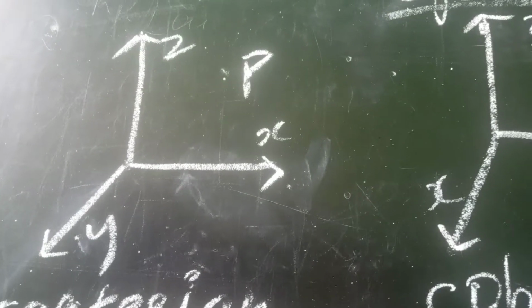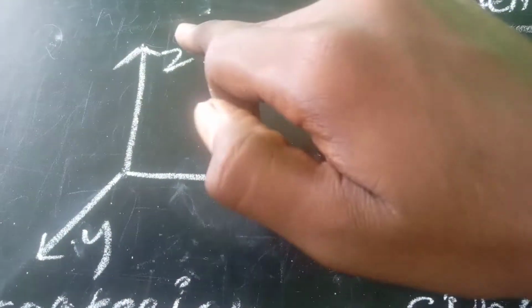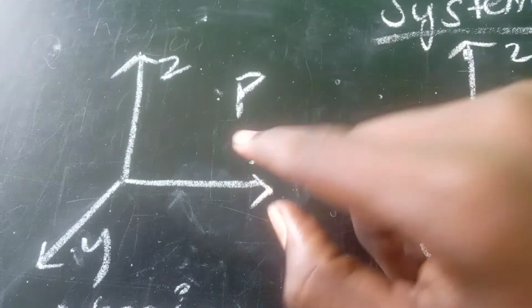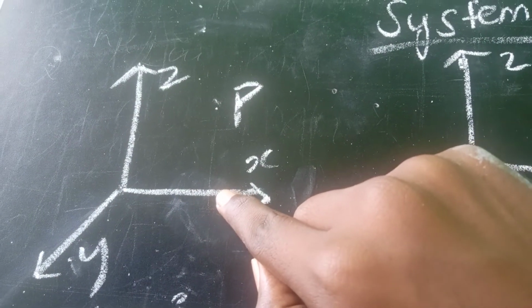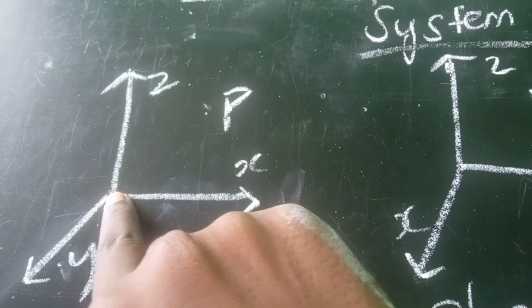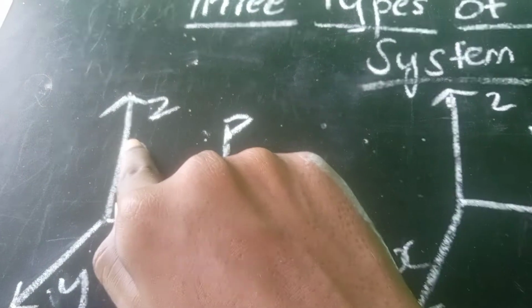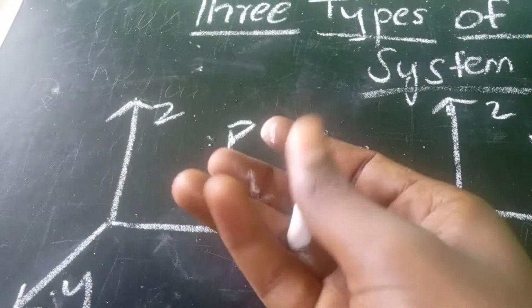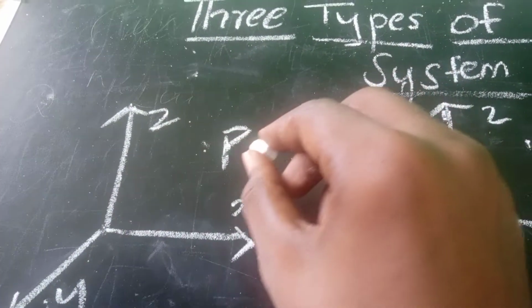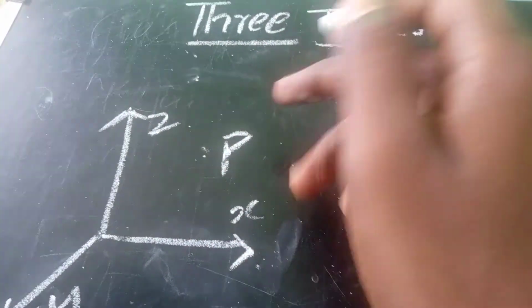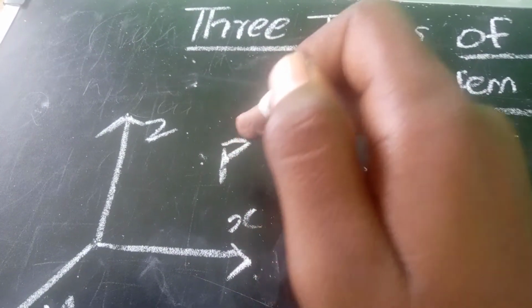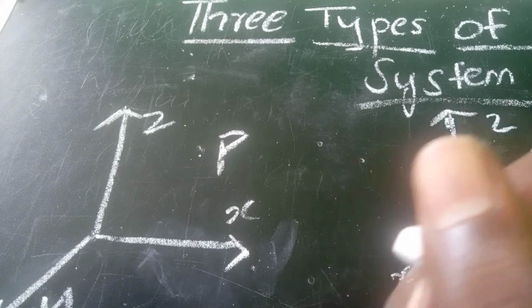Means if you locate a point P in space, this is a point P in space. So you have to refer with the x-axis, the distance from origin to x-axis, and from origin to z-axis, and from origin to y-axis. If you make those distances, you can easily mark the point, and you can easily observe the point.